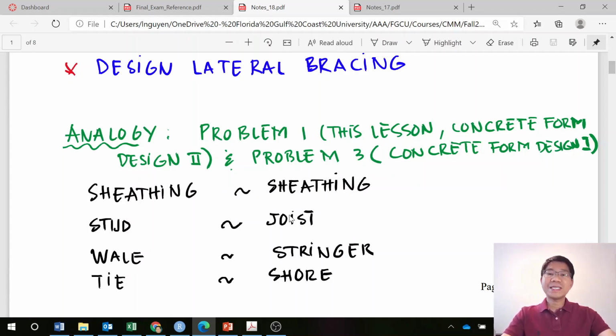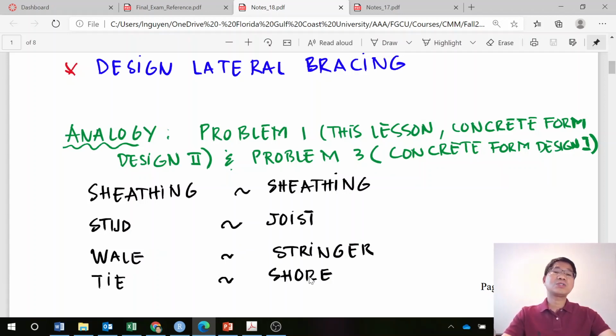What we call a joist in concrete form design 1, then it becomes a stud in today's lesson for vertical form. What we call a stringer in the slab form design, in the previous lesson, it becomes a wale in wall forms or column forms.